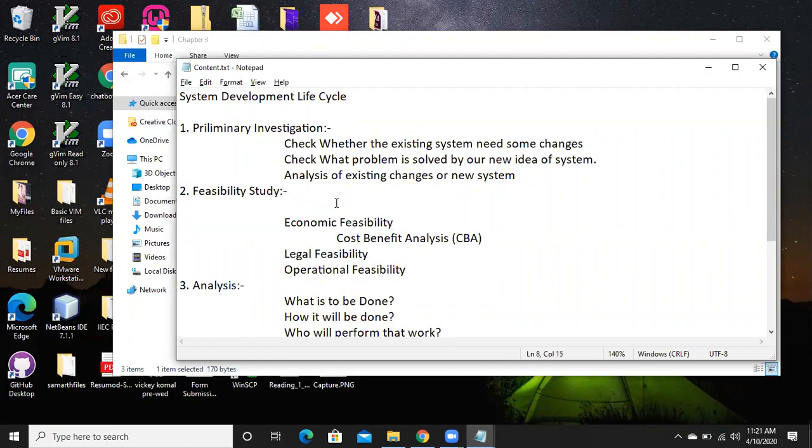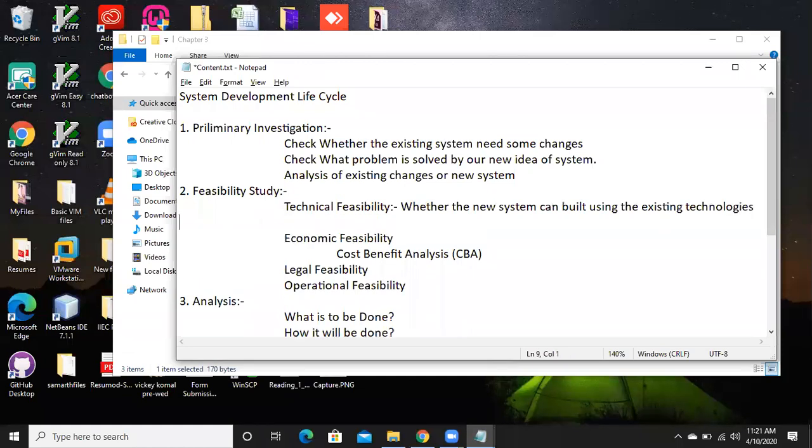So, technical feasibility. In technical feasibility, we will check whether the new system can be built using the existing technologies in our organization, or we have to adapt, or we have to hire employees who know other technologies also, right?